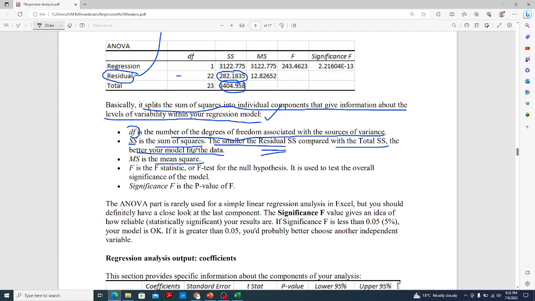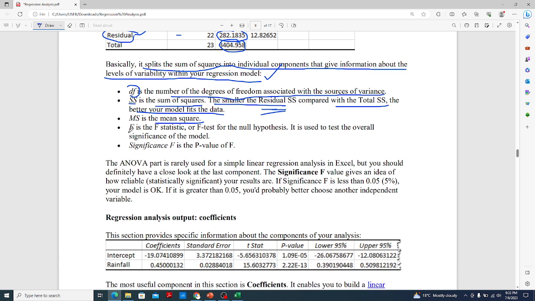Then we have the mean square, and then we have F. We said it's an F statistic, and it's majorly used for hypothesis testing. F and T statistics are majorly used for the null hypothesis. And what does the null hypothesis assume?